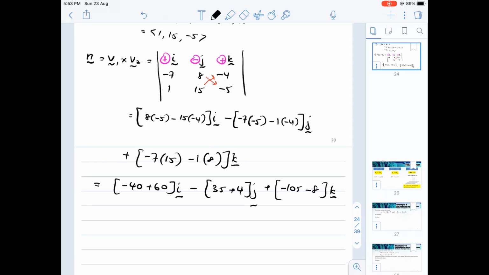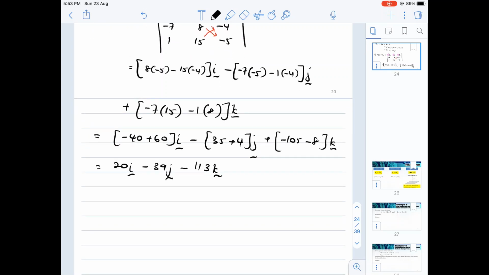So altogether we have negative 40 plus 60, so 20i, minus 39j, and then negative 113k. In other words, we can write the normal vector as 20, negative 39, negative 113. That's it.